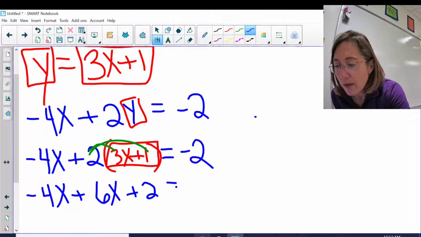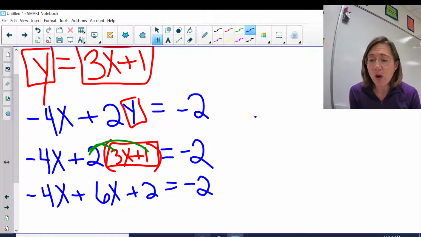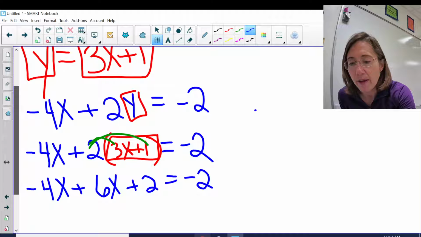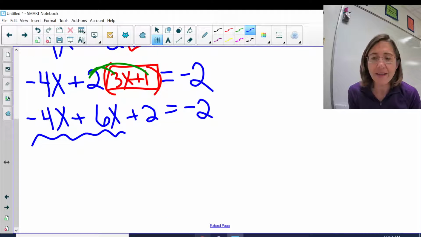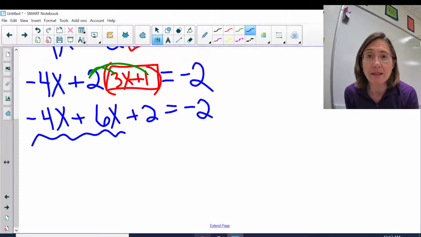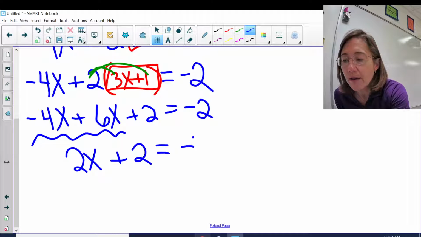And then I'm to my equal sign, so I'll bring down my equals and bring down my negative 2. Okay, so that's where we're at right now. So let's do a little bit more simplifying. You see these like terms right here? Well, let's go ahead and add those together. What's negative 4x plus 6x? That'd be 2x. So we have 2x plus 2 equals negative 2.